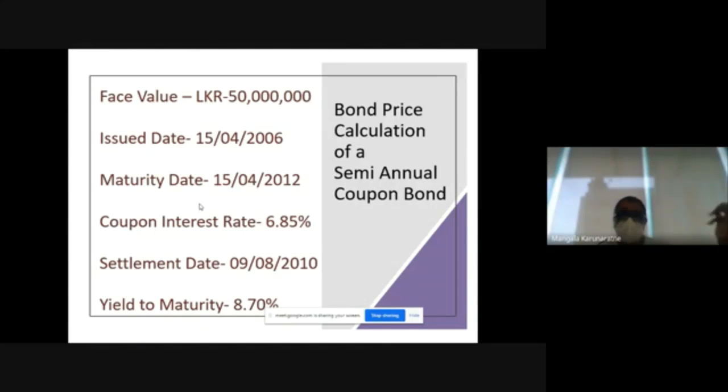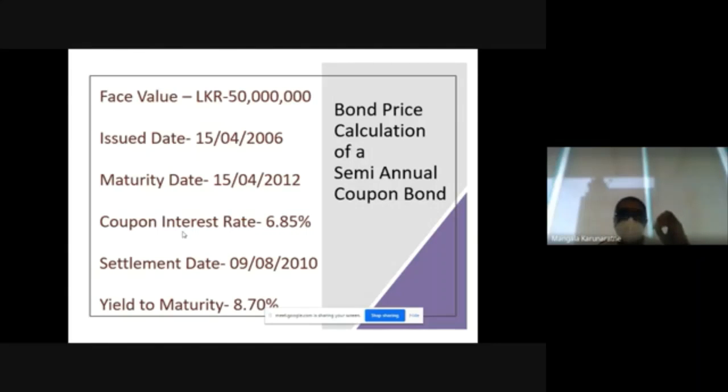Someone who is having this bond is trying to sell or calculate its price as of 9th August 2010. A trade has occurred and the settlement date is 9/10/2010.